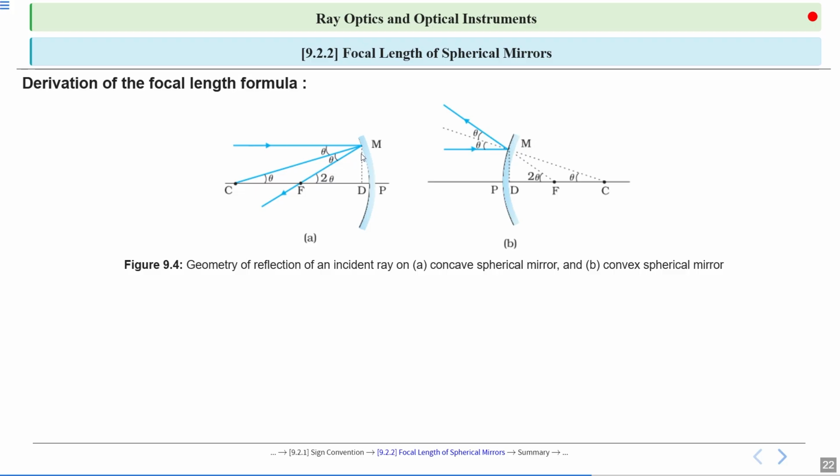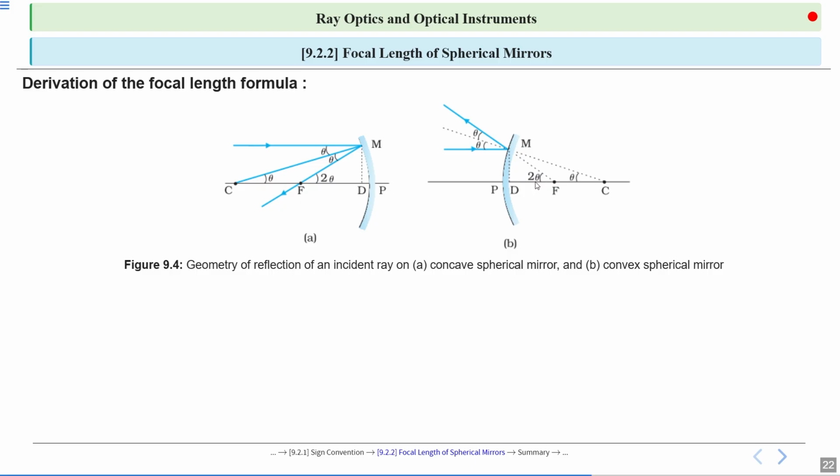That is the normal from C, because the normal passes through the center. In the case of the convex spherical surface, the normal will be that dashed line. Theta and theta: that is the angle of incidence and that is the angle of reflection. Both are equal. And this angle is 2 theta.